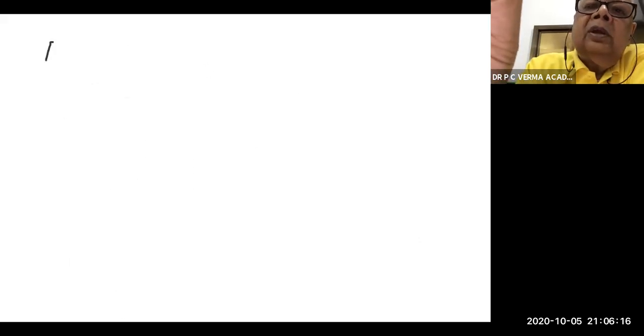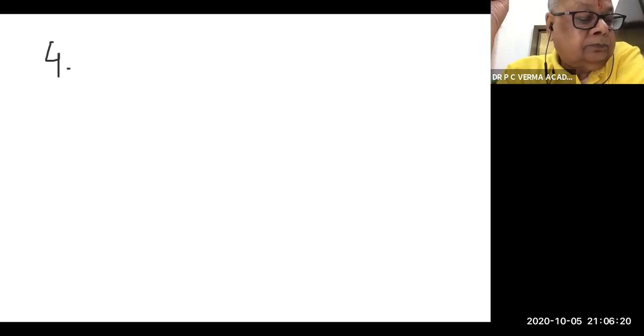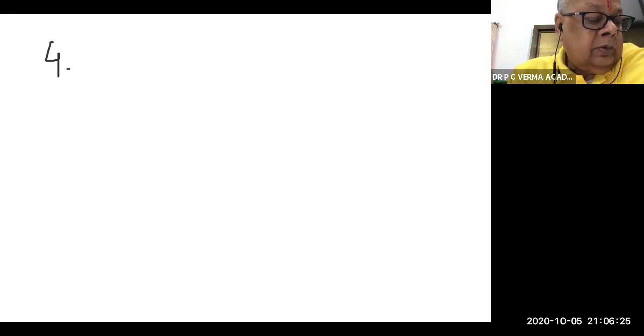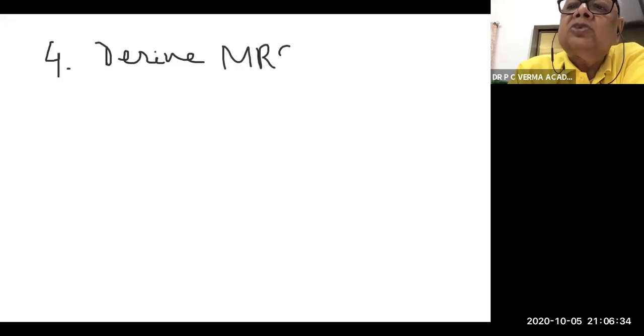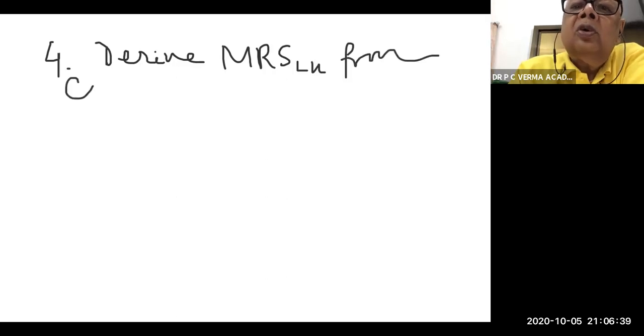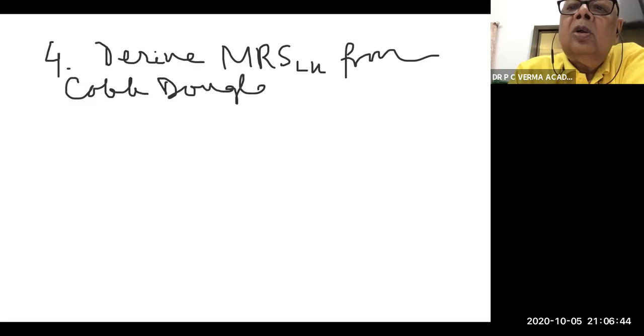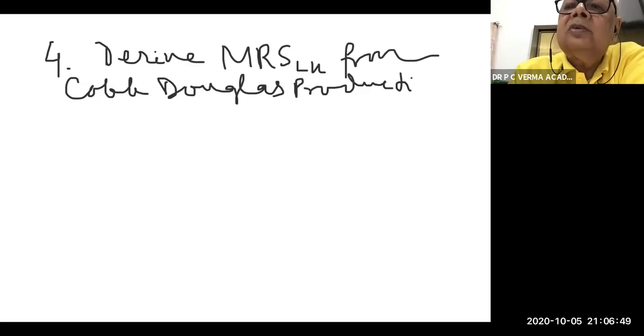Fourth point is derive the marginal rate of substitution of L and K from the Cobb-Douglas production function.